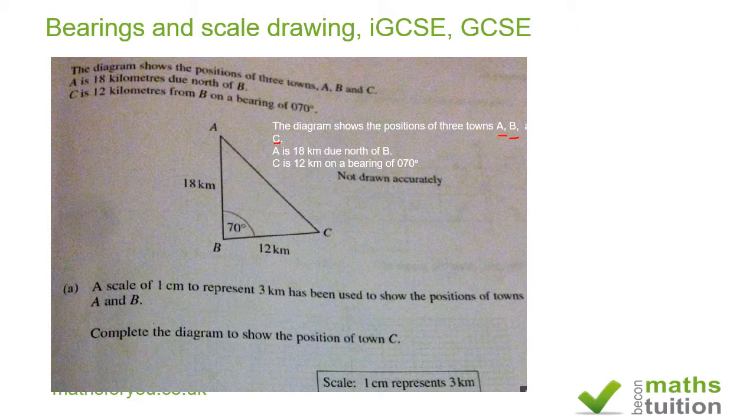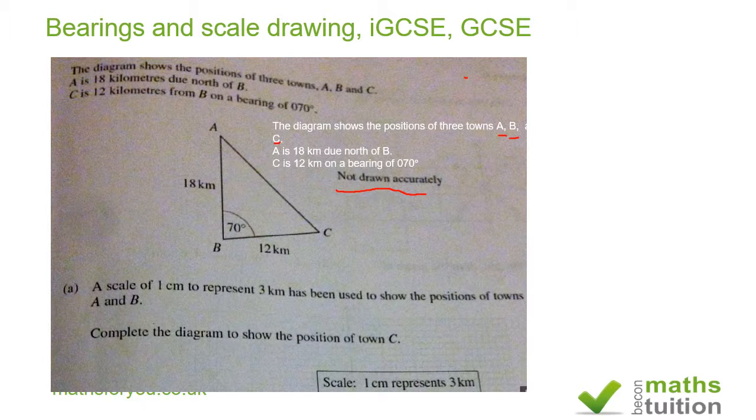A is 18 meters, sorry, A is 18 kilometers due north of B. So A is directly north of B. And C is 12 kilometers from B on a bearing of 070 degrees, because we are using three-figure bearing here, hence 070 degrees. And also note here that it says not drawn accurately.